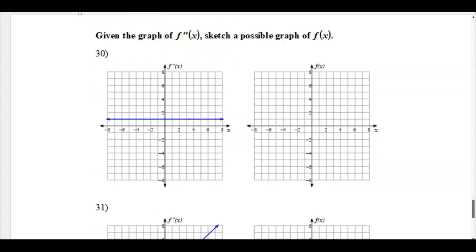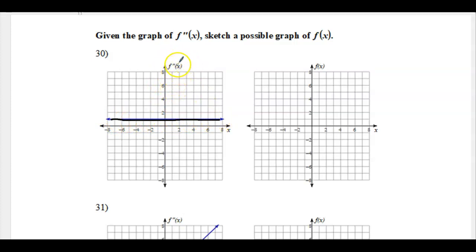So number 30, they're giving me a graph of f double prime, and they're asking me to draw a graph of f. Now, with these, you're really working with very limited information, so you're just taking a real rough guess. Here we have a positive second derivative, and it's constant.